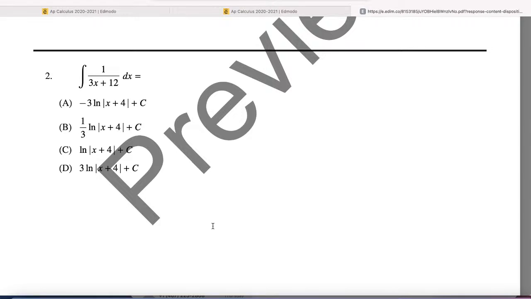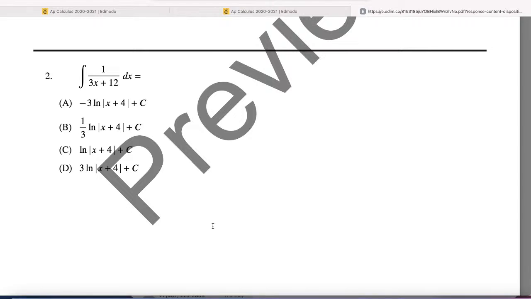Hold on, let me see your way. I did it differently. So I do the integration of 1/3 of x plus 4 dx.